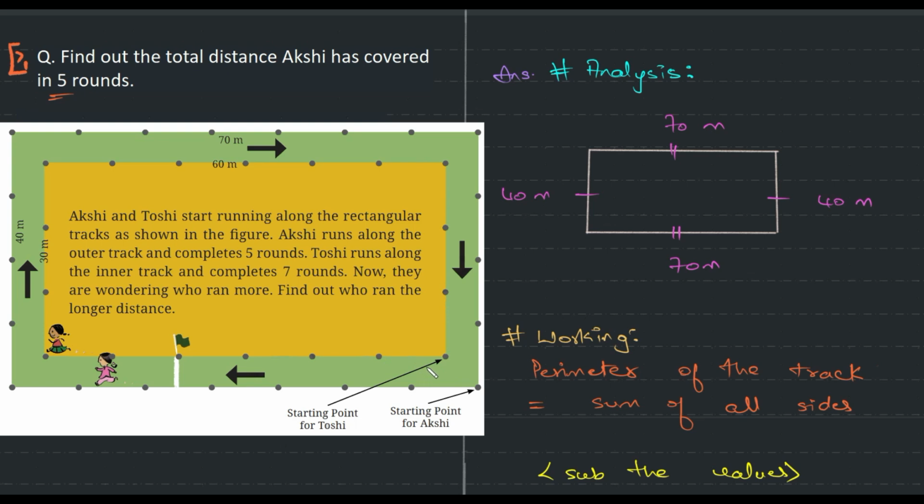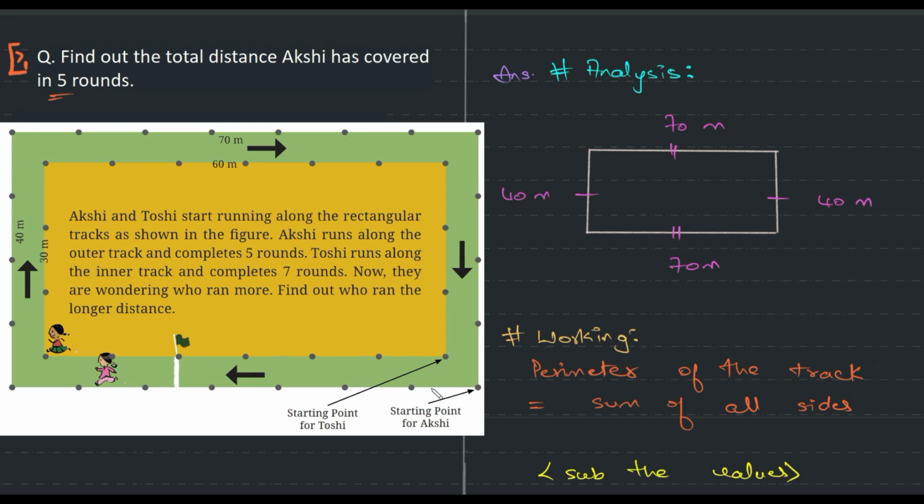Again, let's look at what the fundamental idea is. We need to recognize that we must find out the distance covered in 5 rounds. So she's starting at a particular point and she's running 5 rounds. So basically I figure out 1 round of run.